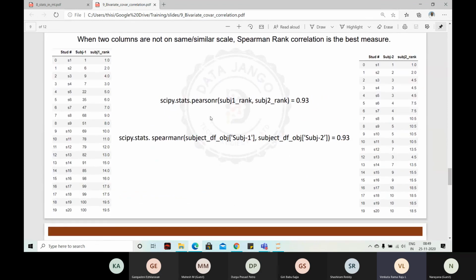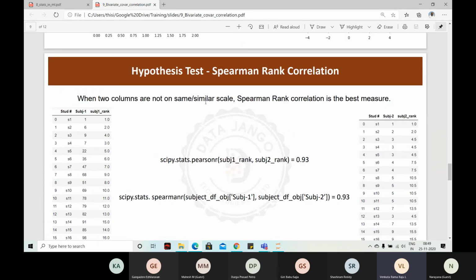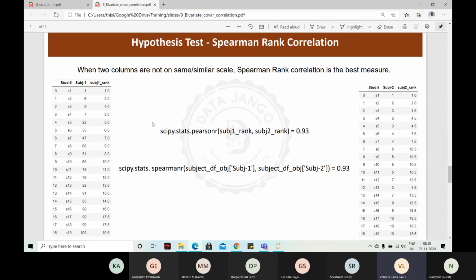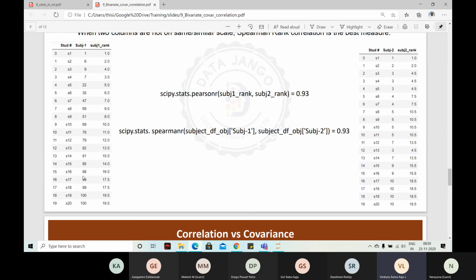Spearman correlation is called rank correlation. What we do is we take the data, calculate the ranks, and then calculate the Pearson correlation between ranks rather than the original values. Why is this useful? If you look at this data, in subject 1, the marks are between 1 and 100.